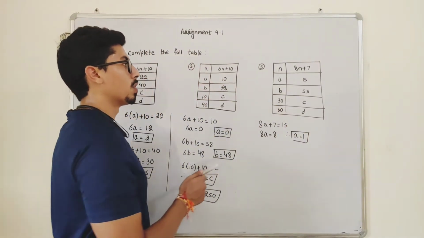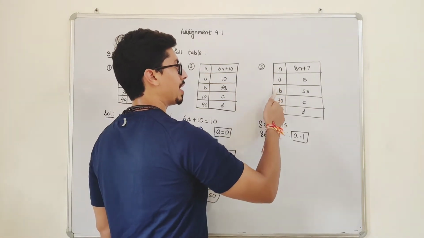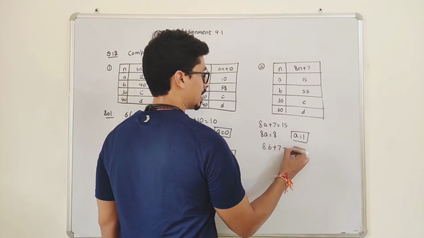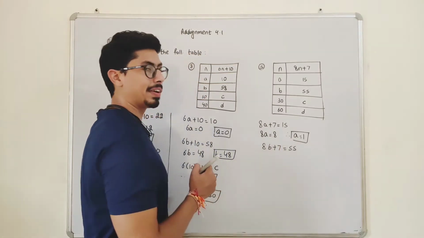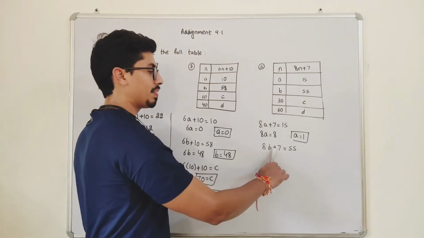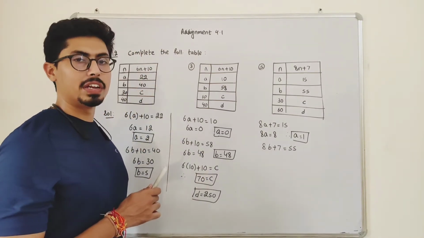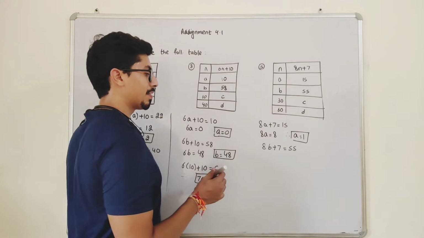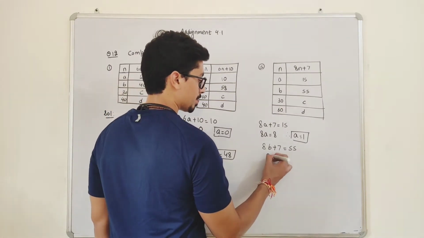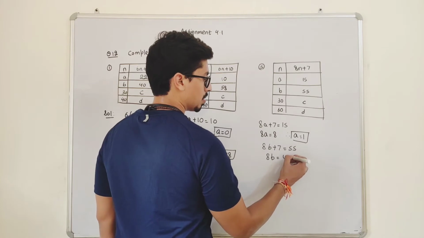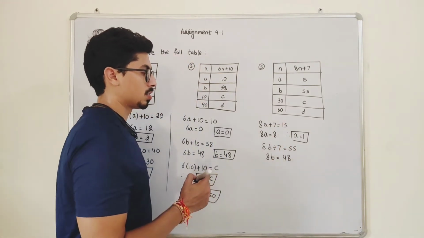Now, if I take b in place of n, so 8b plus 7 is equal to 55 now. Take this 7, when it goes here, it will be in subtraction. So 55 minus 7, students.